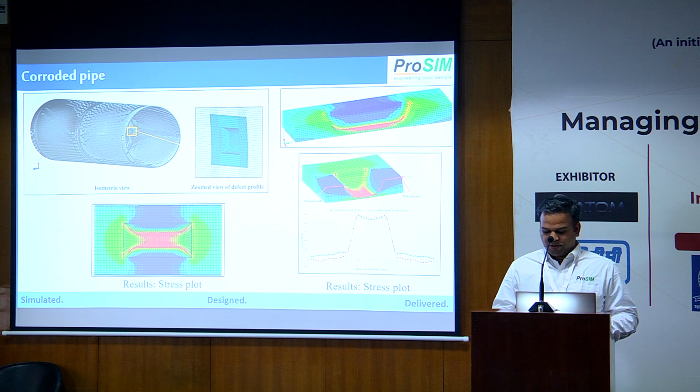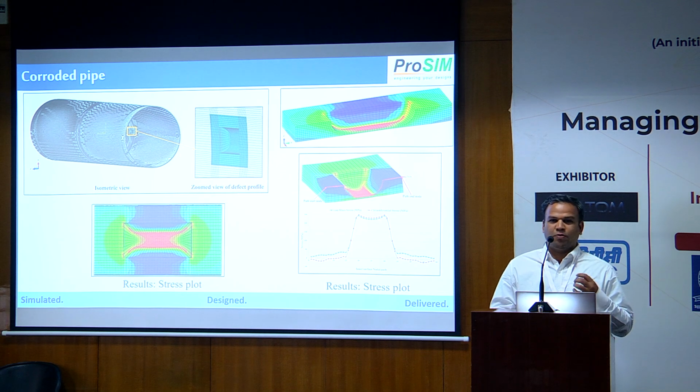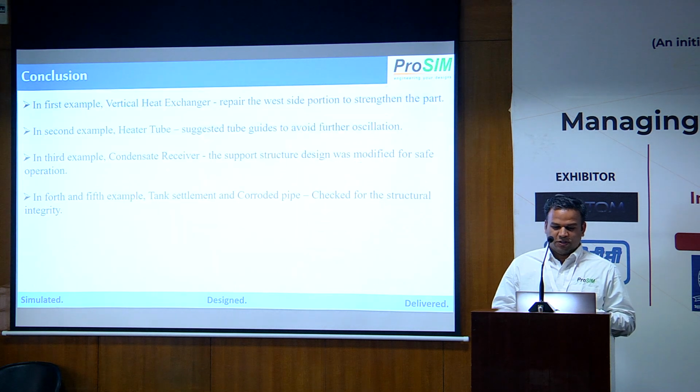So with finite element analysis, you can predict the structural integrity and find the feasible points where corrosion can be predicted, and we can take a call on what has to be done, for fitness for service or a change of repair.